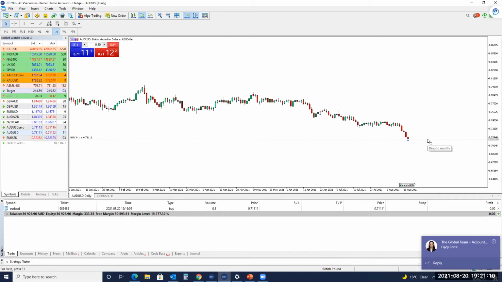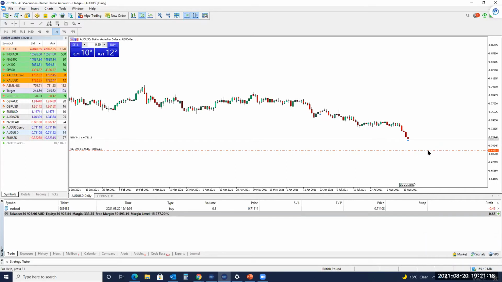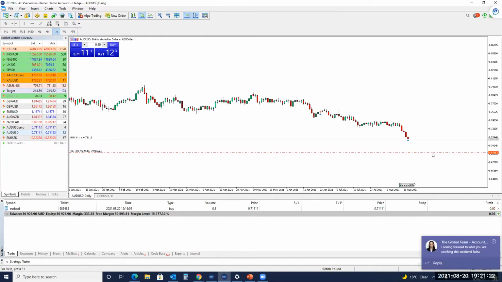If I hold my cursor over the entry point where I bought and start to drag it down, we can see on the left-hand side of the screen it says stop loss, and it tells us exactly how much we have at risk. So let's say we wanted to risk somewhere around $100. We could drag and drop, and then from there, we have our stop loss in place.